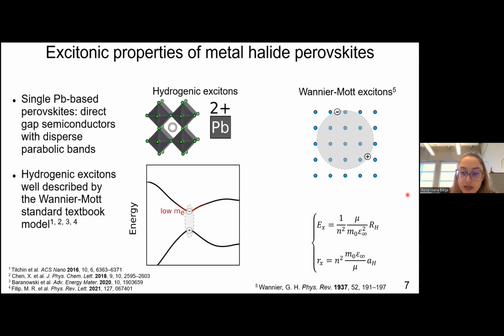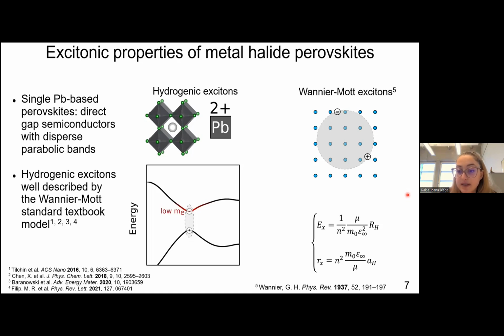For the double perovskites, or at least for the silver bismuth, the exciton binding energy is around 250 meV, and that's almost as big as the exciton binding energy for the layered lead-based perovskites.